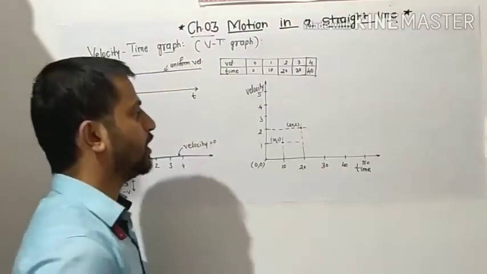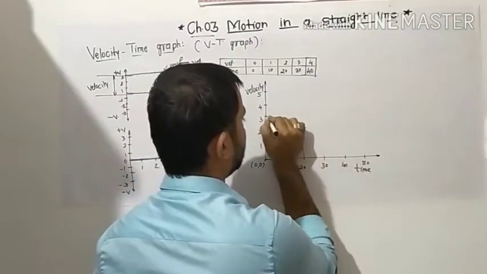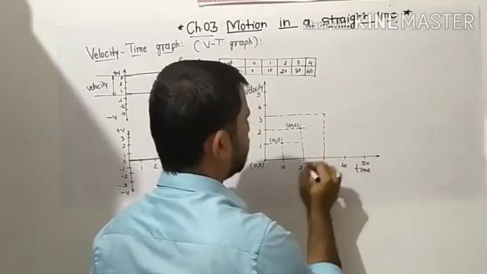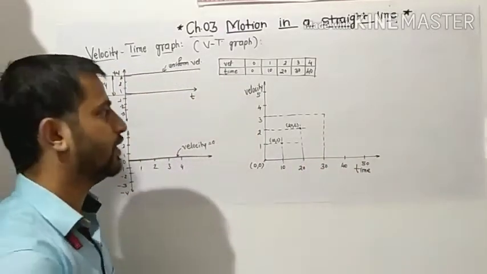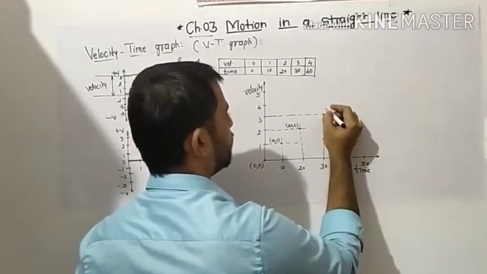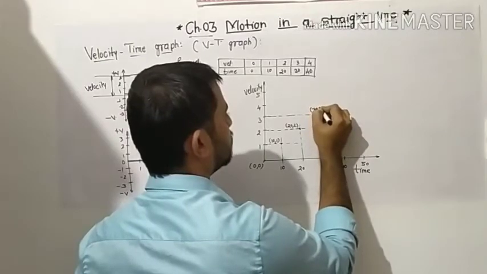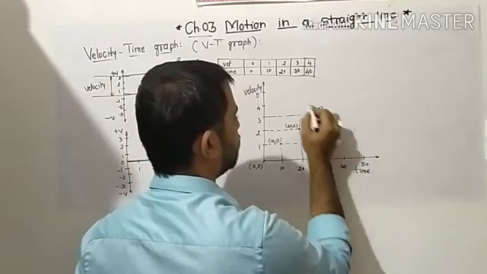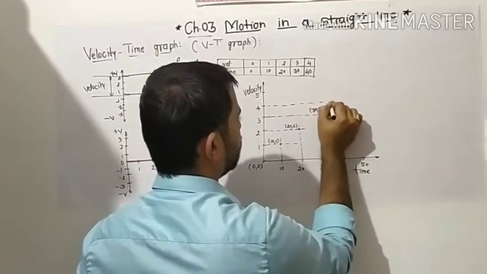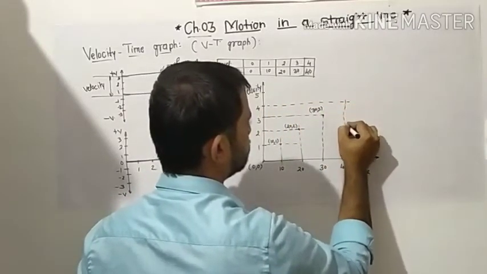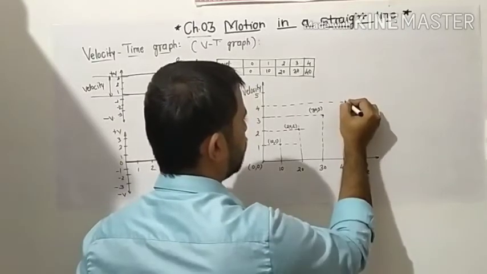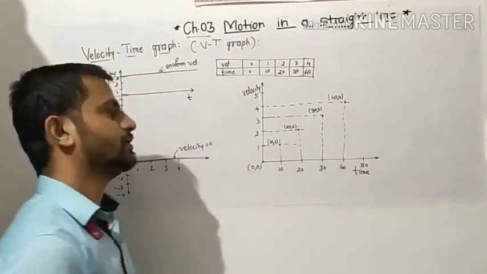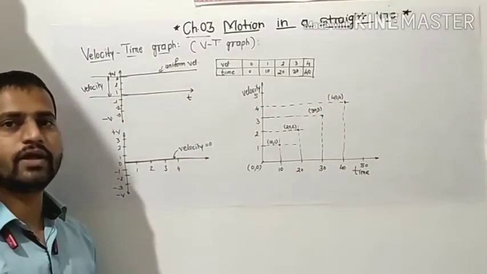Similarly, for the third point, 30 and 3. Then for 40 and 4, draw a perpendicular from 40 and from 4. This point indicates 40 and 4.